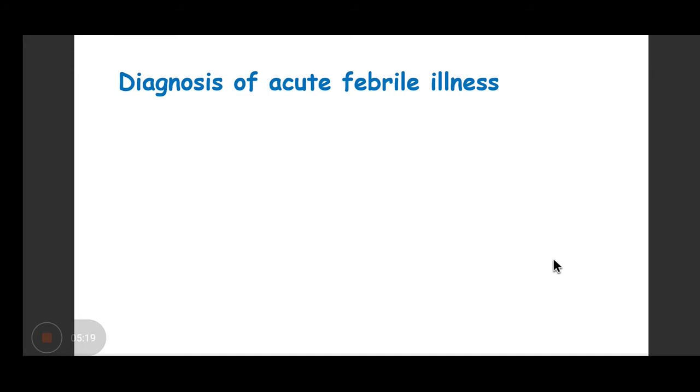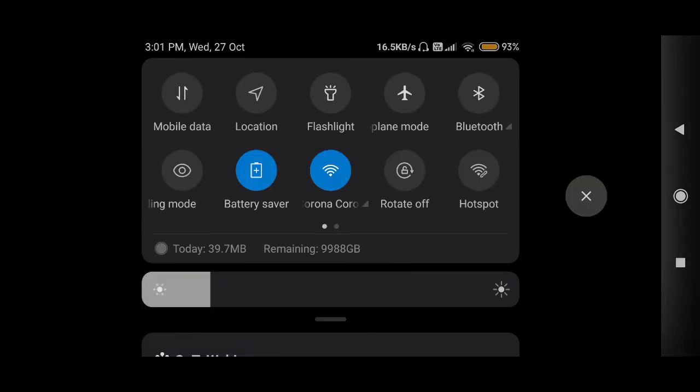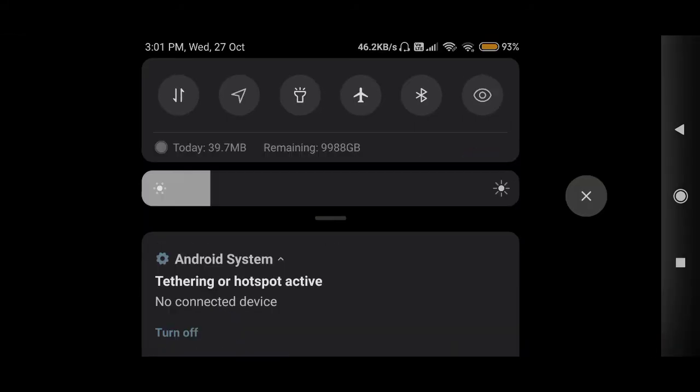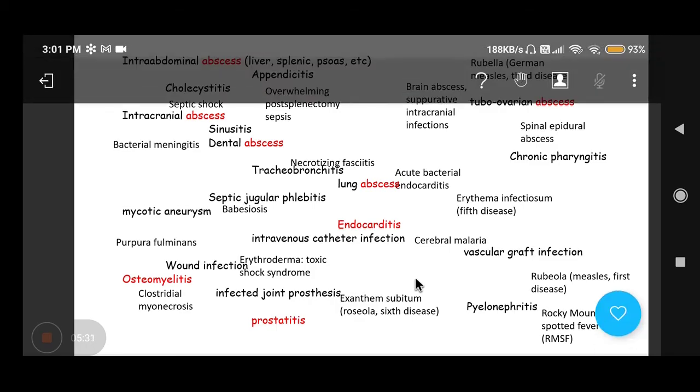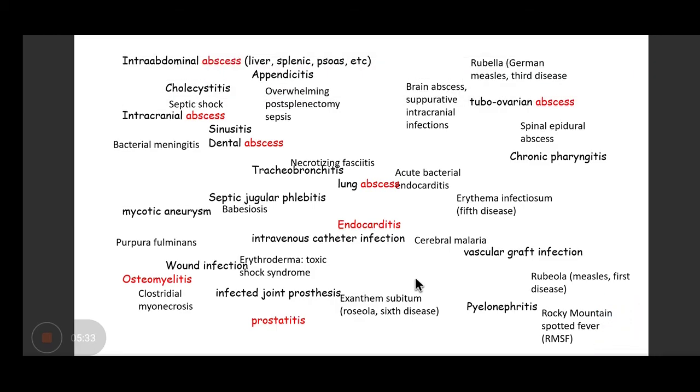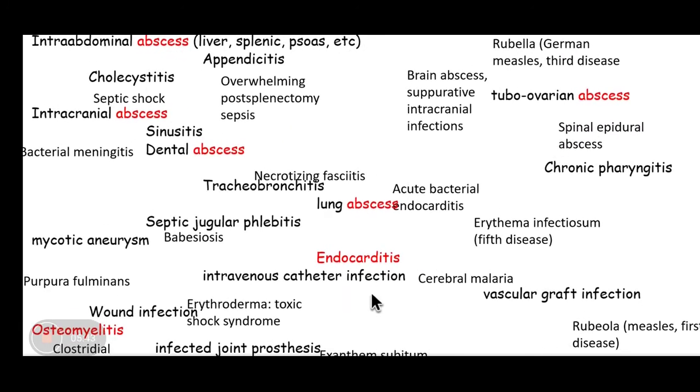Now, how to make the diagnosis of acute febrile illness? As I said, there are numerous causes of acute febrile illness. Every single infection can present as acute febrile illness. In fact, chronic infections like tuberculosis can also present as acute febrile illness.